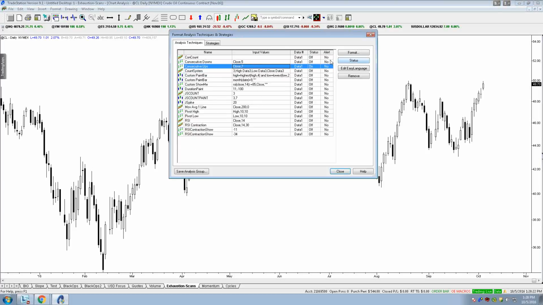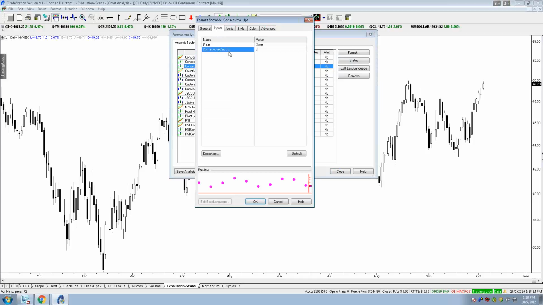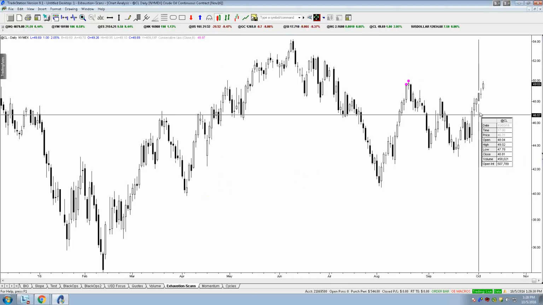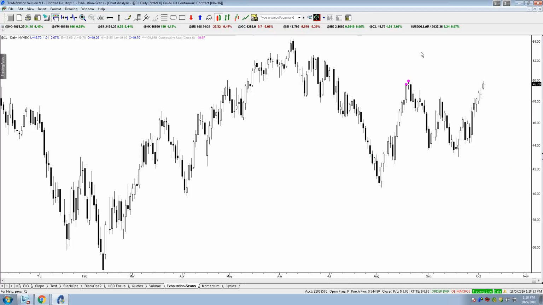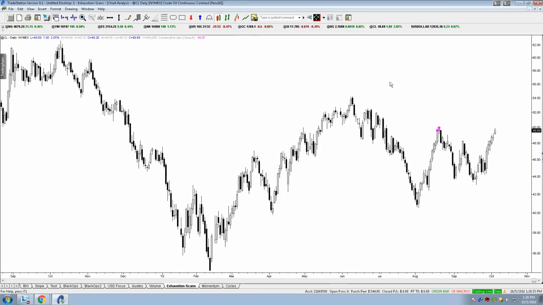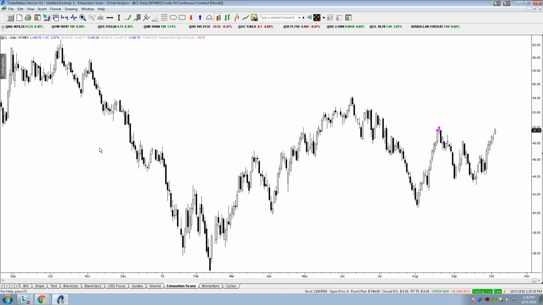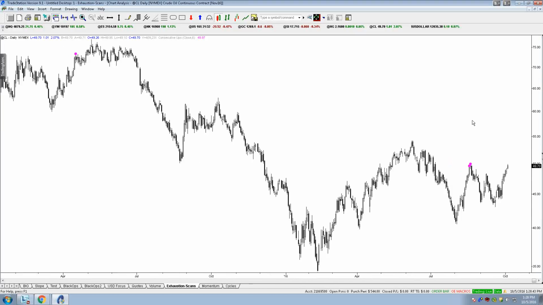Oh no, it's not counting it as 6 days up because it's comparing close to close. Okay, so in any case, if you were to have 6 days up, you can see that would be pretty rare. In fact, it would suggest that you are going to pull back.